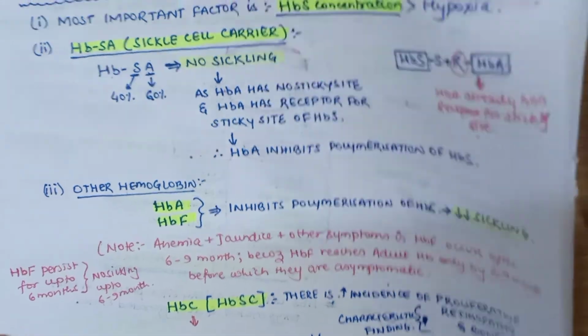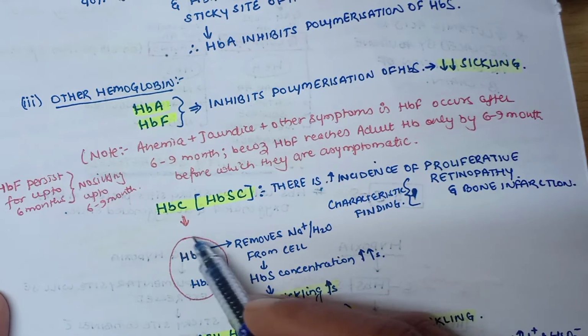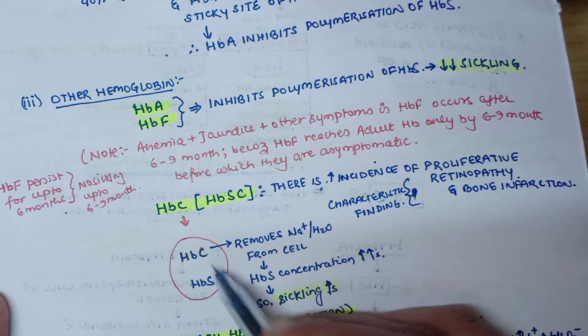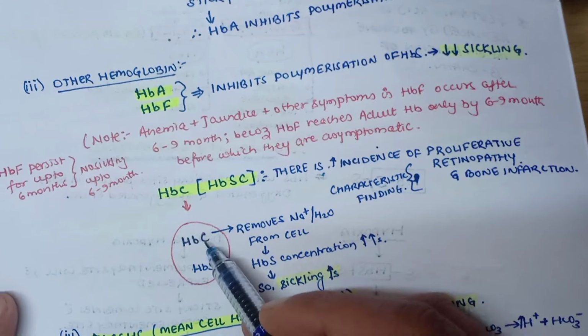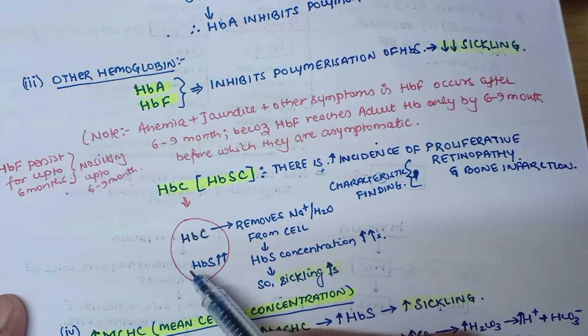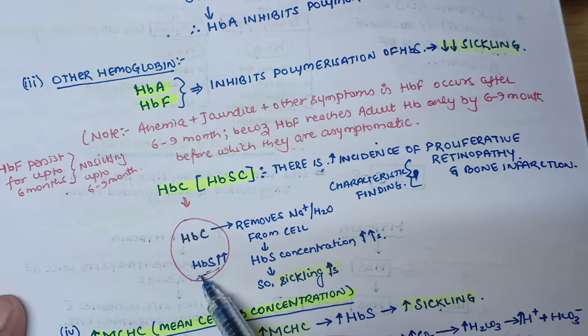In case of HbC, that is HbSC, this HbC will remove sodium and water from the cell. This will cause an increase in concentration of HbS, thus resulting in increased sickling.